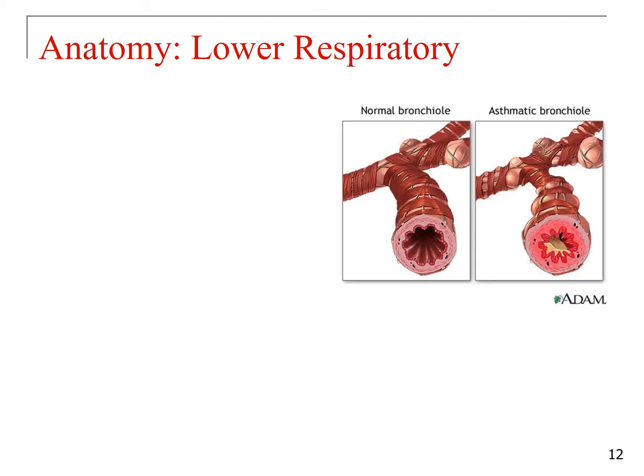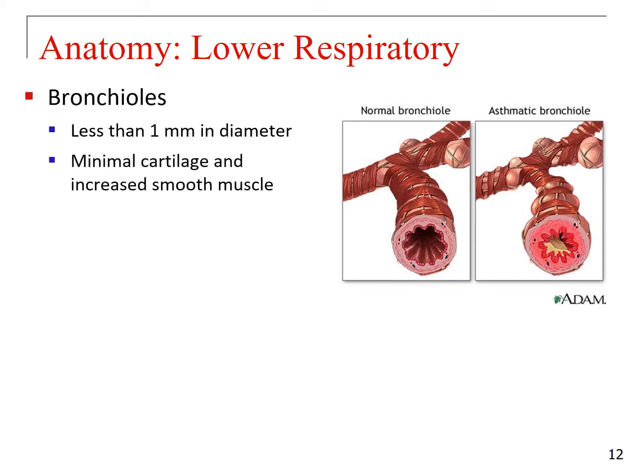Okay, so let's take a look at the bronchiole level. So the bronchioles are less than 1 millimeter in diameter. They've got very minimal cartilage, and they've got an increased amount of smooth muscle. Now, one thing that I want to make clear here is that the smooth muscle is not continuous. So you've got sort of strips, as you can see right here in this diagram.